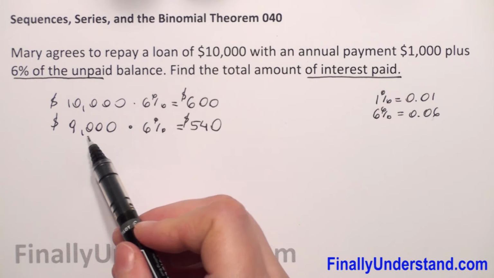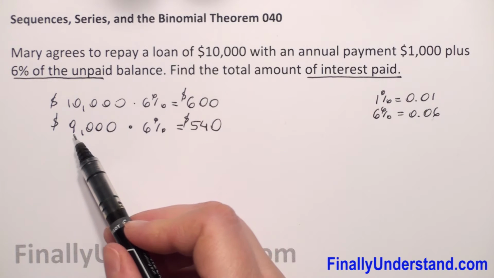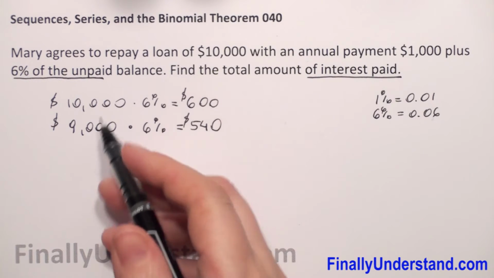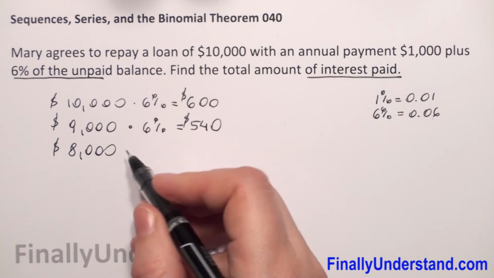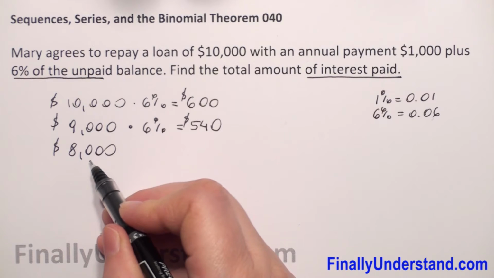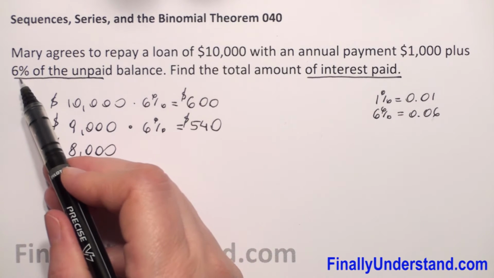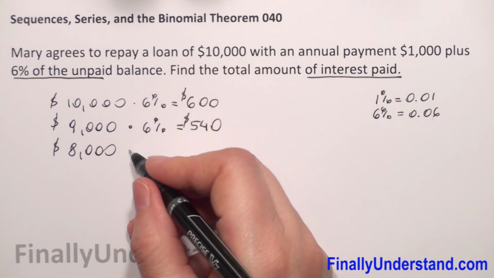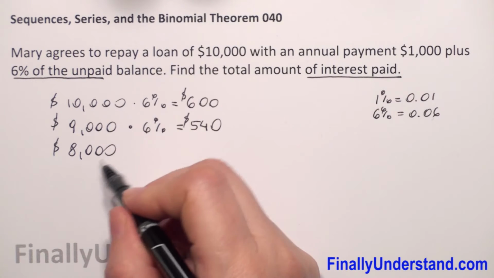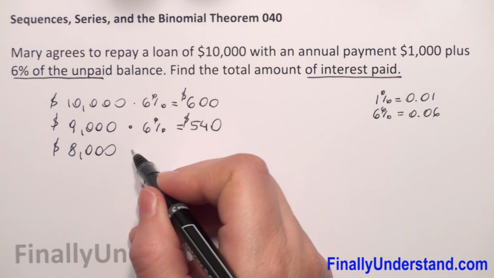Next, again, she will pay $1,000. So 9,000 minus 1,000 will be $8,000. And from $8,000, she has to pay 6% of interest. So again, we will calculate how much is 6% of $8,000.